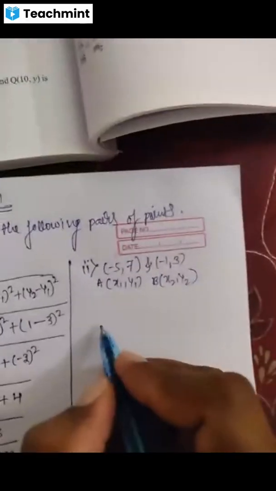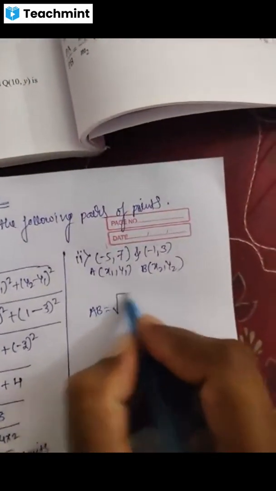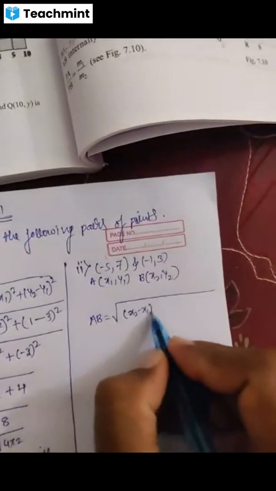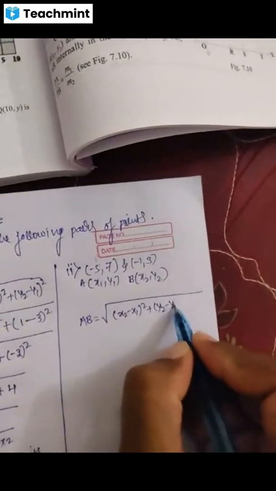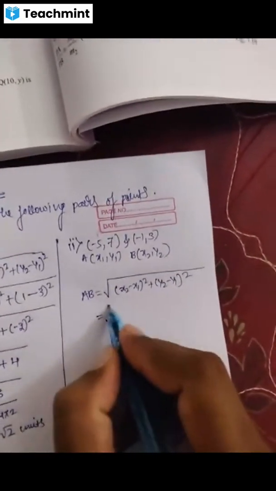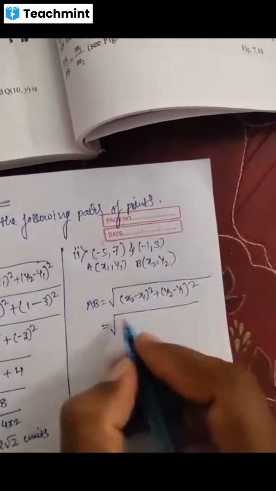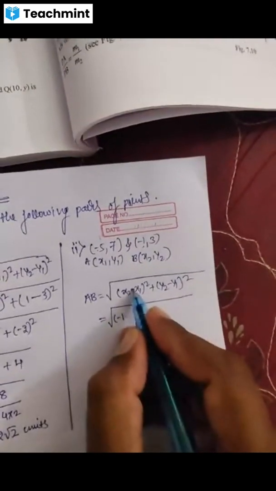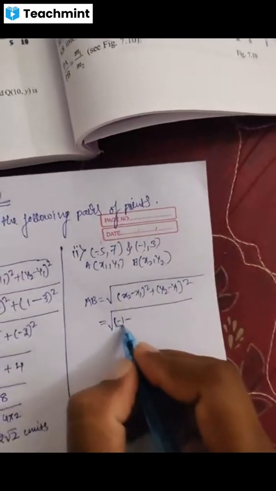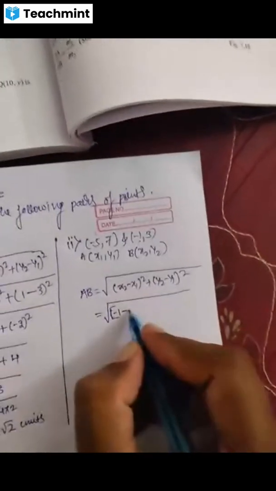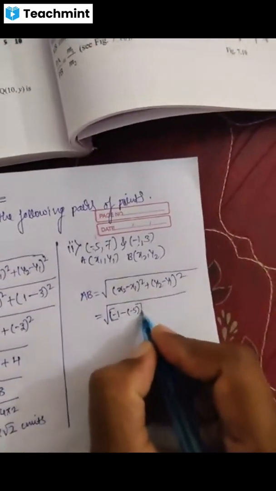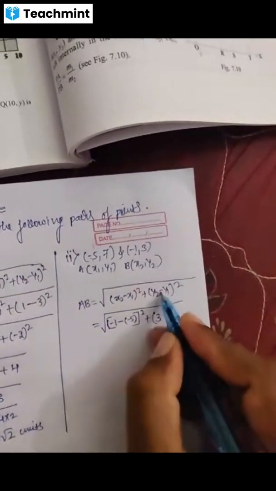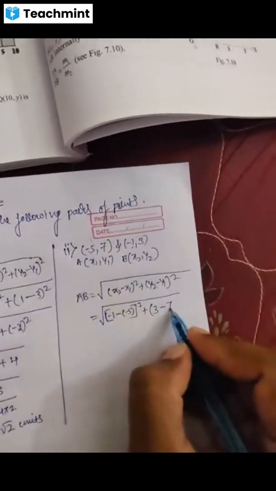Here AB is given by the square root of (x2 minus x1) whole square plus (y2 minus y1) whole square. x2 is minus 1. What is x1? The minus sign stays as it is, so minus of minus 5, keep it in a separate bracket, whole square, plus y2, which is 3, minus y1, that is 7, whole square.